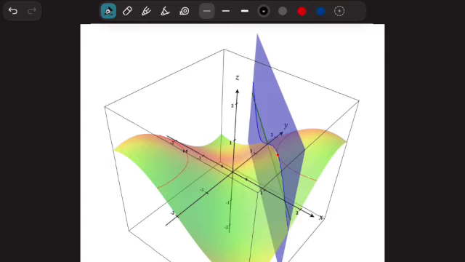I just wanted to share a graph of everything. So in the middle, you can see our surface curve, and then that plane over there is the constraint that x plus y equals pi over 2. I feel like there's a way to maybe change the axes units in terms of pi, but I couldn't figure it out. But that would have been nice.